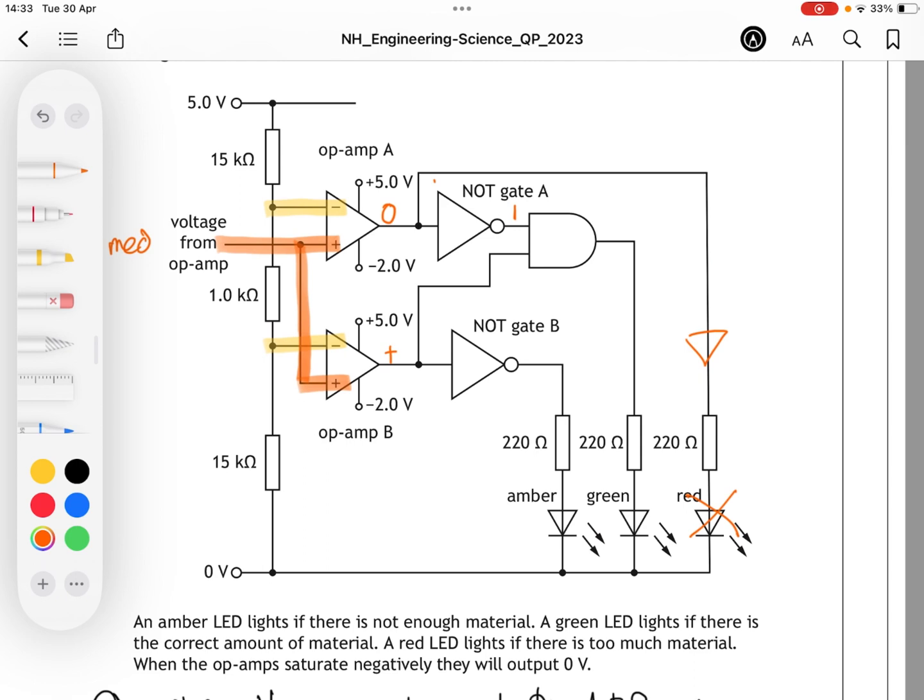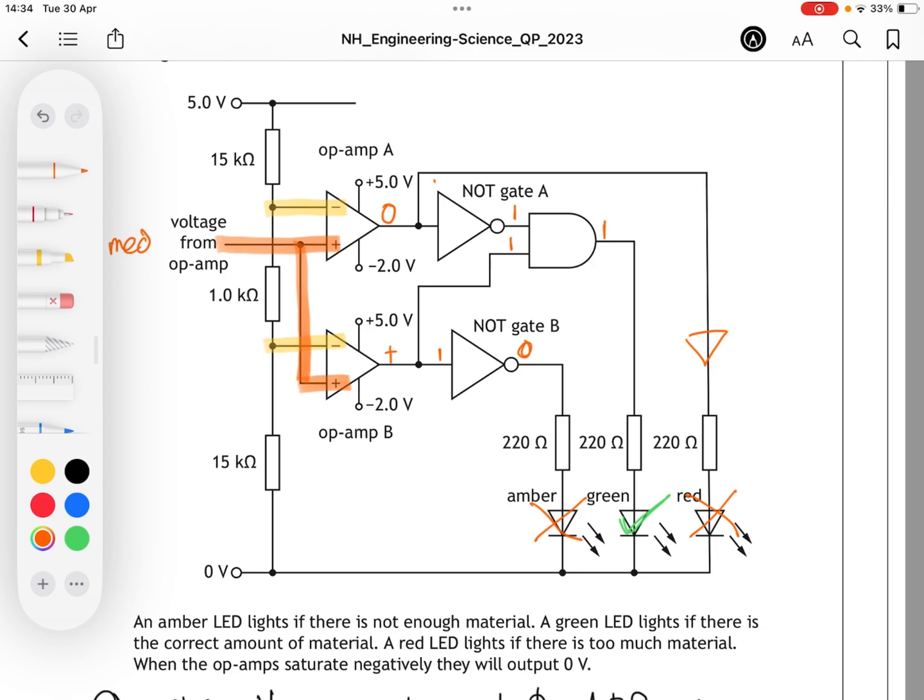Now, following on from op-amp B, which is saturated positively, that means that before our AND gate, that is going to get a positive or a high signal. So our AND gate will output high, and that means our green LED will be on. And NOT gate B, however, is going to have a high signal going into it, so that's going to give us a low output, and that means our amber light is going to be off.